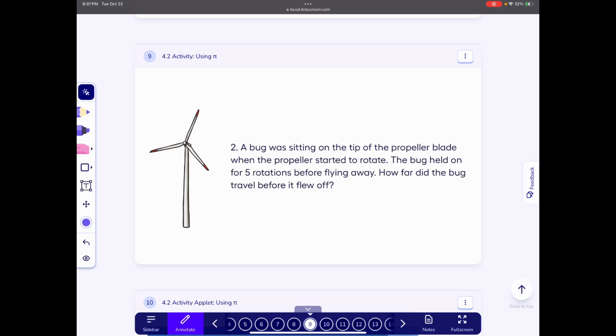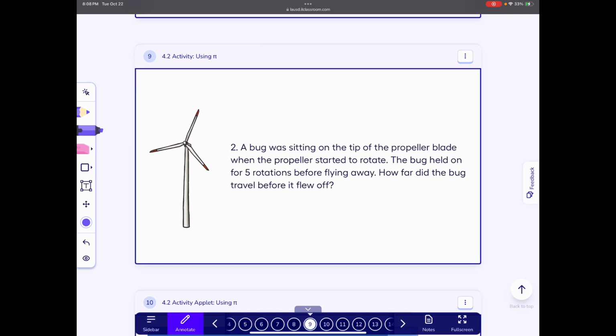There's a bug on a propeller, going around and around, 5 times. 5 rotations means it goes around 5 times. So how far did it travel?